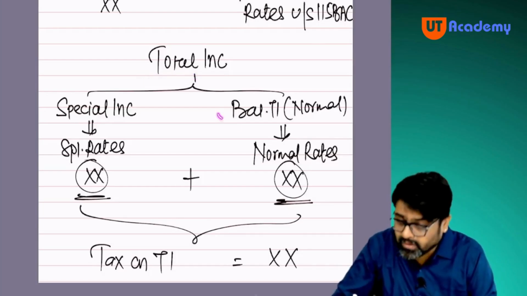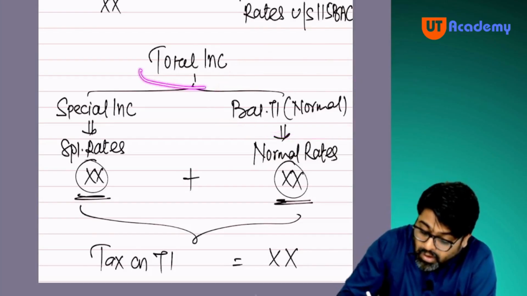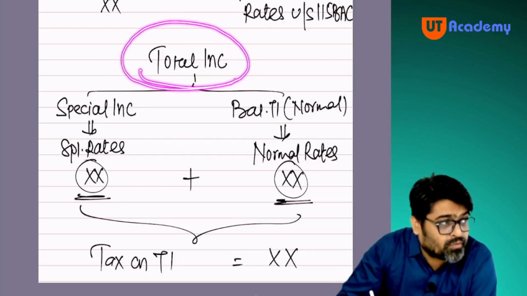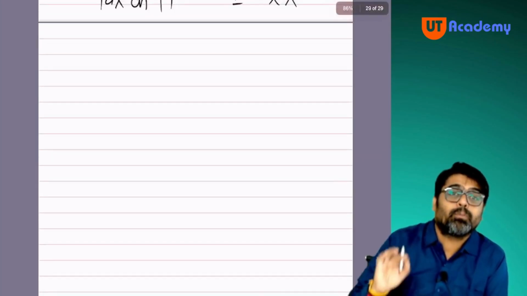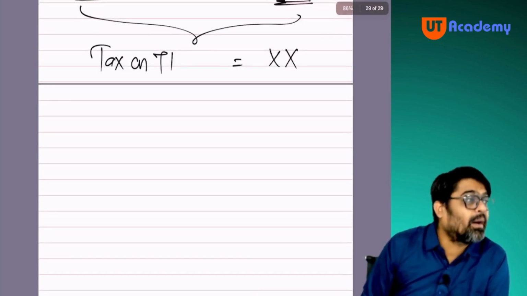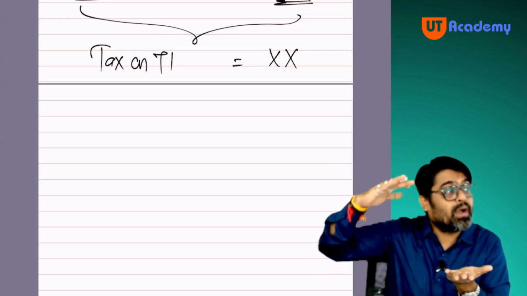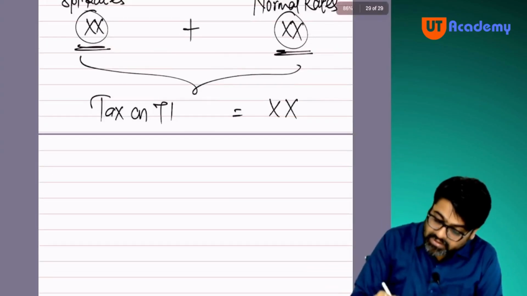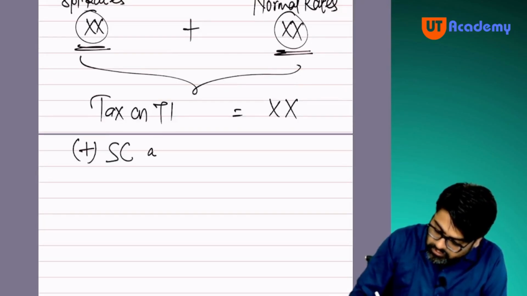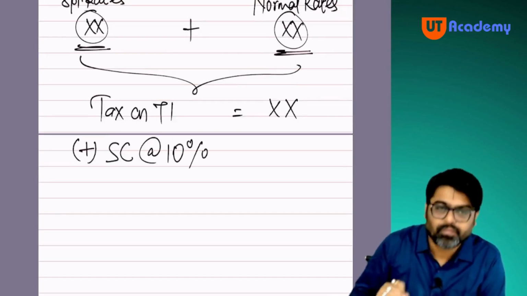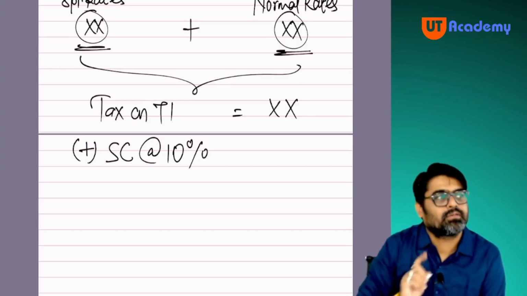Did I say normal total income? You will always check the amount of total income. If total income is more than 50 lakhs, up to 1 crore, then with this tax, you are supposed to pay surcharge also at the rate of, remember the rate of surcharge.